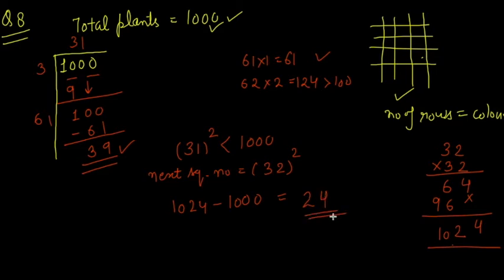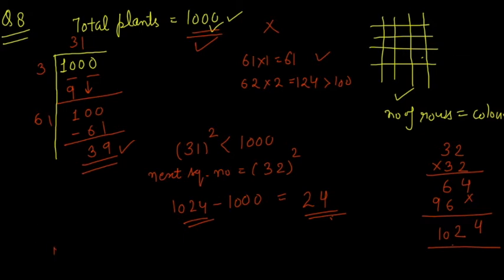It means 24 more plants I have to add in this, because this number 1024 is a perfect square number, but 1000, you see, it has an odd number of zeros, so we know it is not a perfect square number. So how many plants we will be adding?